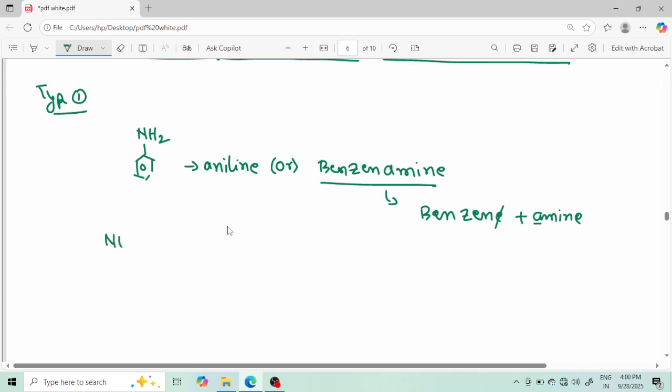So let's try this question. Suppose I'm giving this substitution here, Cl. If you're using this special name, aniline, then always remember numbering will start from this carbon.